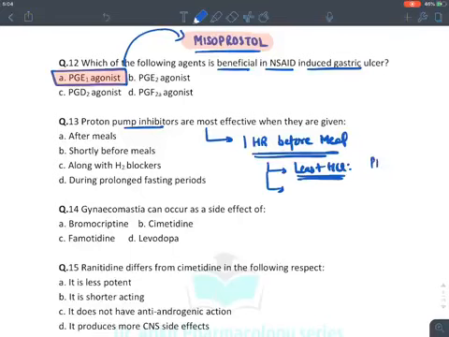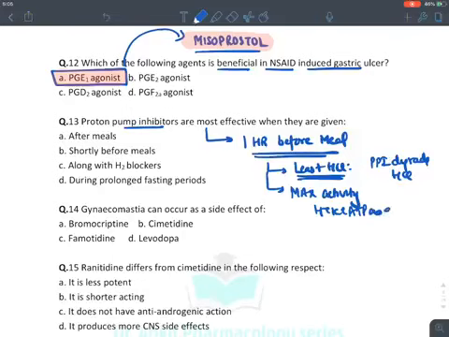Remember, PPIs are degraded in the presence of HCl, and the second point is that before meals there is maximum activity of H plus K plus ATPase. Hence, the answer for this question is they should be given shortly before meals.